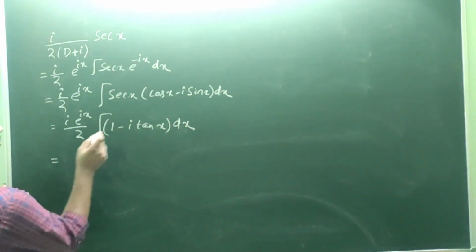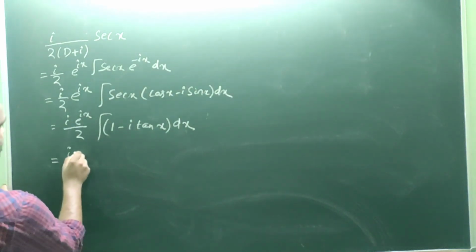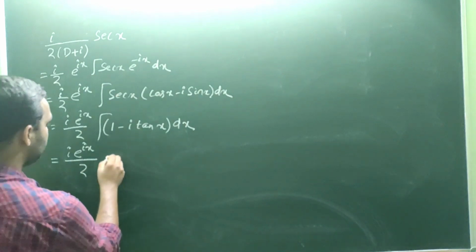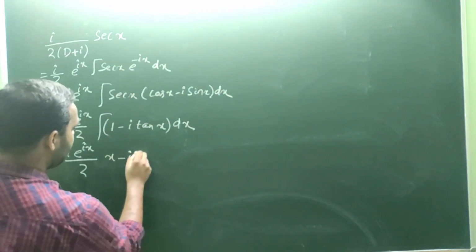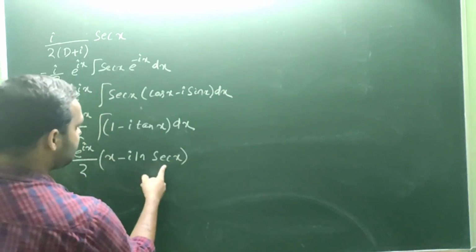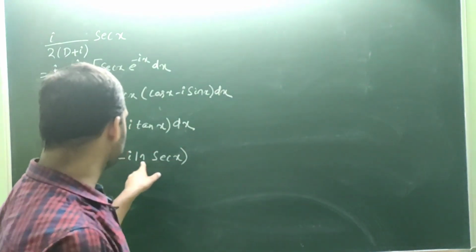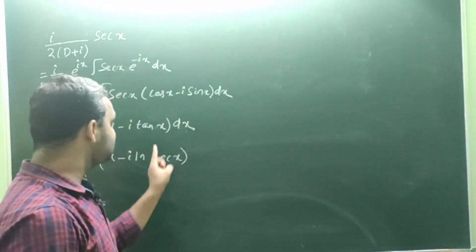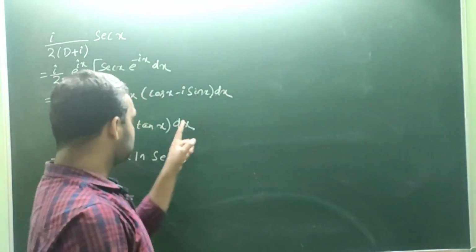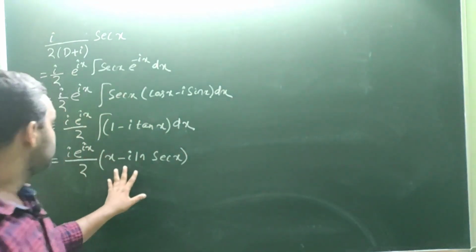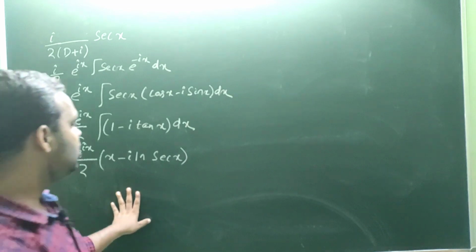After that you just integrate it, this will be e^(ix) times i divided by 2, and x minus i log sec x. I think this integration is clear because the differentiation of log sec x is first 1/sec x times sec x tan x. So sec x and sec x will be cancelled, only tan x will be there. So this is for the first term.